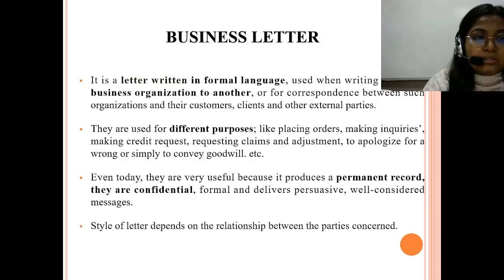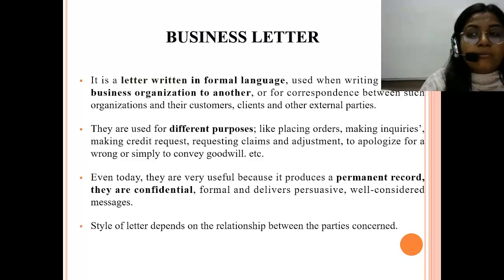A carelessly written letter may fail to secure an order or loan. A business letter assists you in sustaining your business relationship with other businesses and customers.